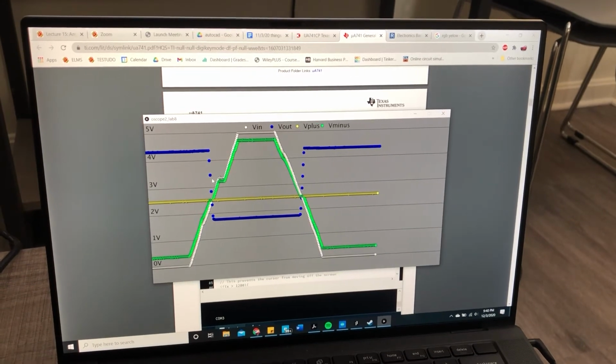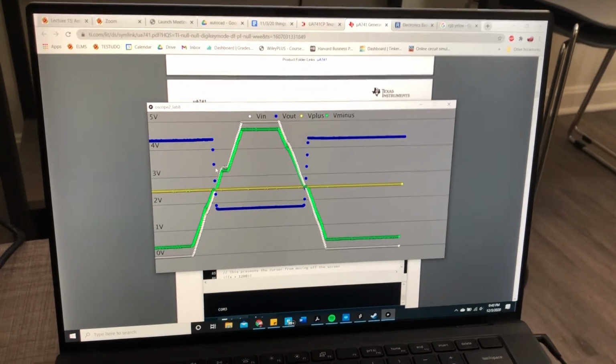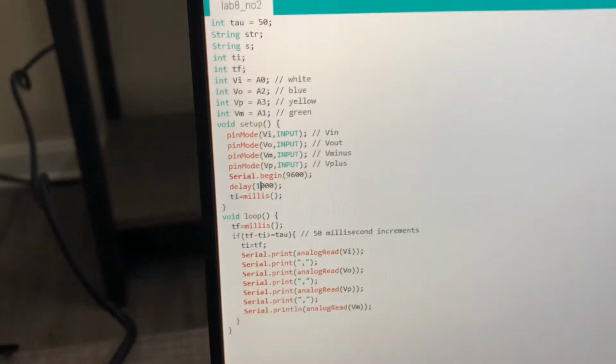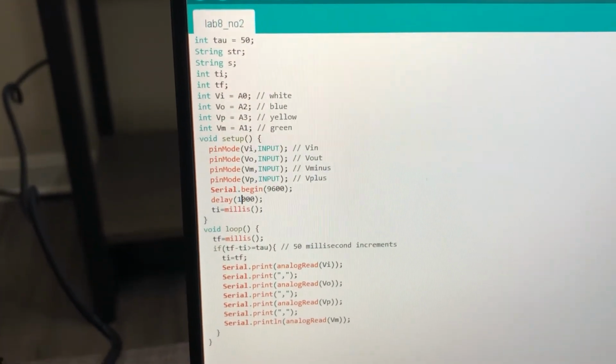And then it plateaus at the top at around 4.2, which is the top end of our amplifier. This is the code that passes through processing.